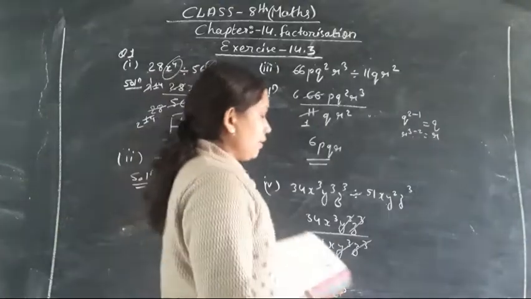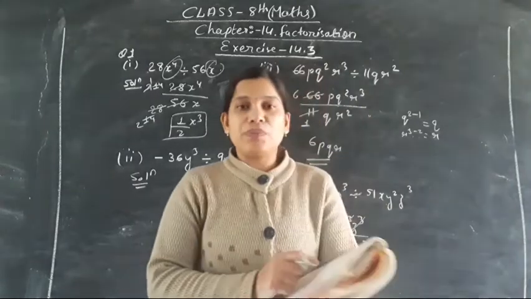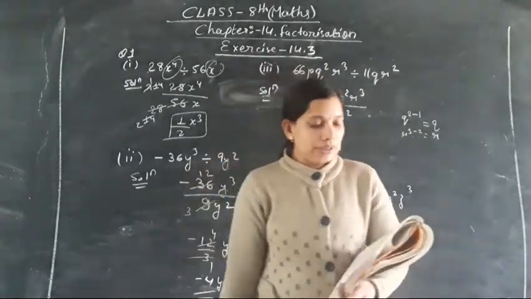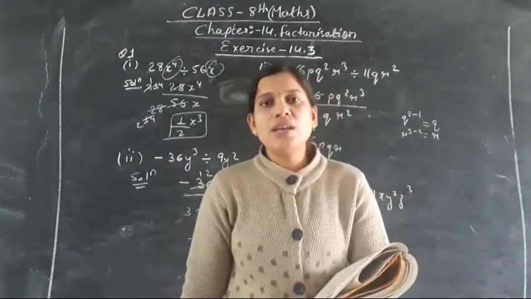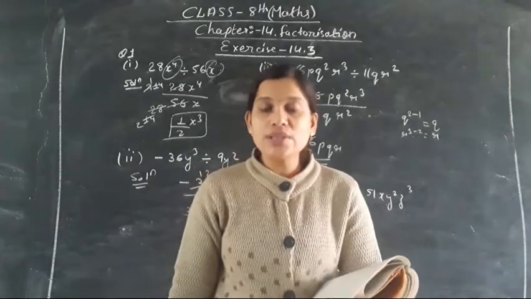Clear? So, moving toward the next question, question number 2. In question number 2 also, what is given? Divide the given polynomial by the given monomial. Here polynomial means algebraic expressions containing more than 3 terms.